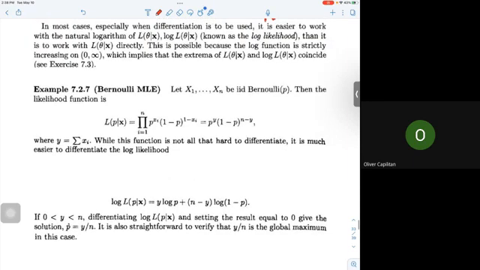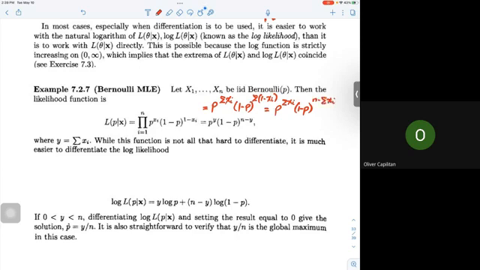Okay, so this is equal to p to the summation of x sub i, and then 1 minus p to the summation of 1 minus x sub i. Furthermore, this will be equal to p to the summation of x sub i times 1 minus p to the n minus the summation of x sub i, since the summation of 1 is n.